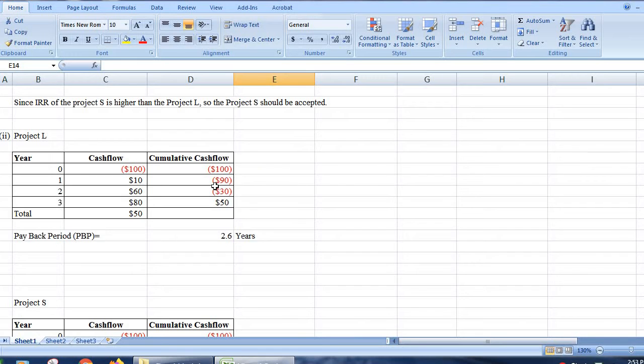Then press enter and drag this for the other years. These are the cumulative cash flows of project L.